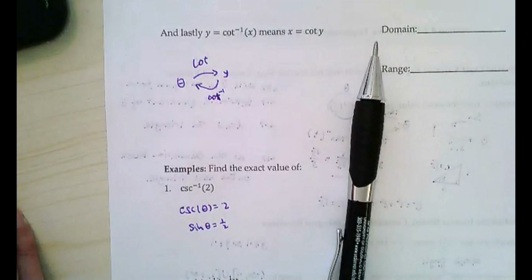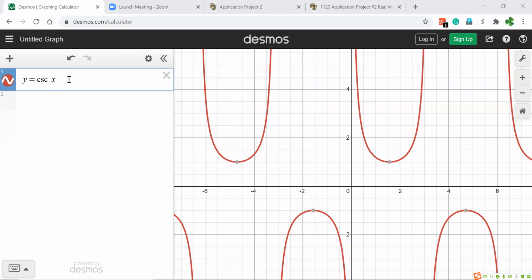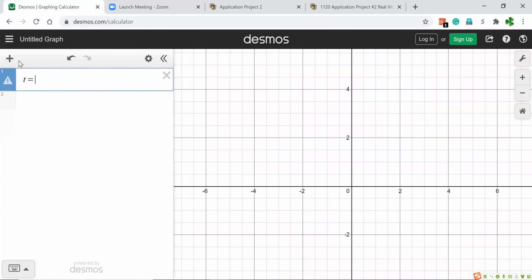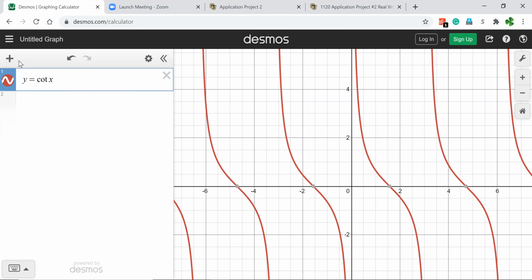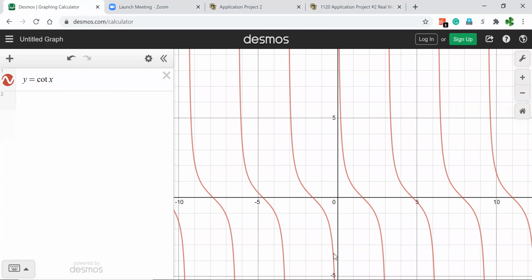Again, let's check the decimals. So this is our cotangent function, where the y can take values. It's everywhere, right? Everywhere from positive infinity to negative infinity.